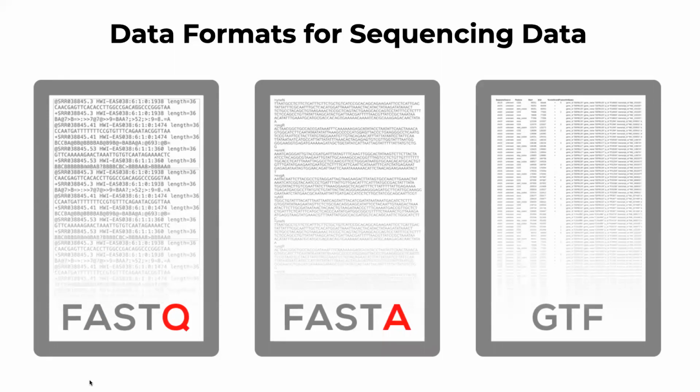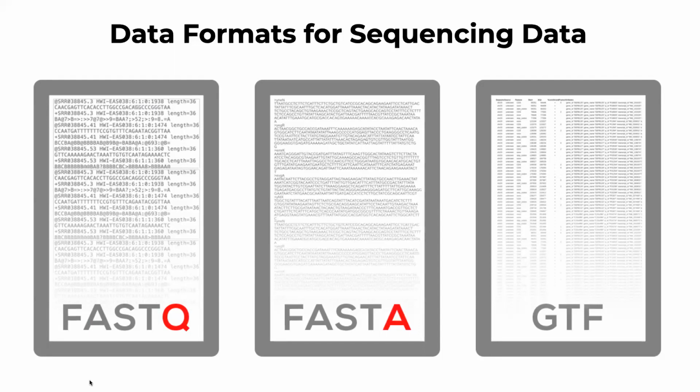Then you have a FASTA format. The FASTA format is typically a format to store longer sequences. This could be storing sequences of whole genes, genomes, or even proteins as amino acid sequences. But typically we would use that for a reference genome.